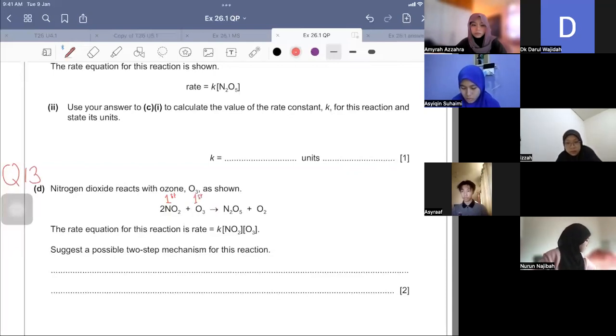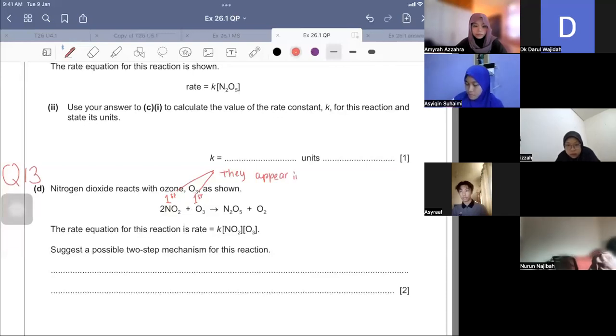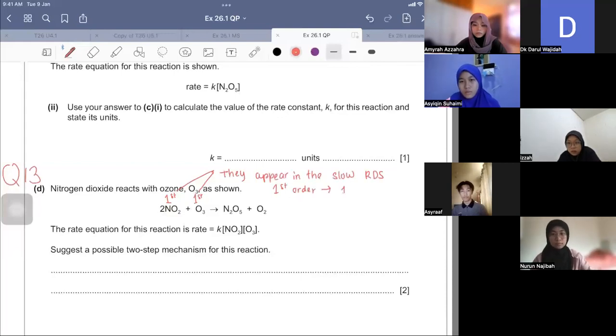Now, because they are first order, it means that they appear in the slow rate determining step, and first order means 1 mole or 1 molecule.